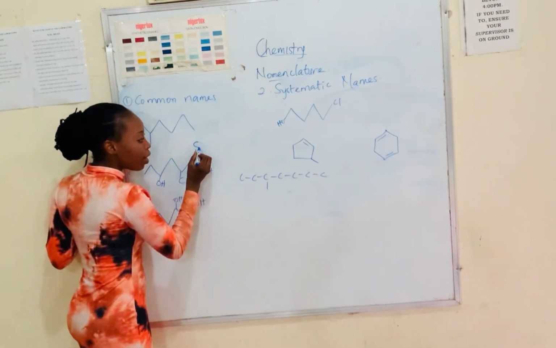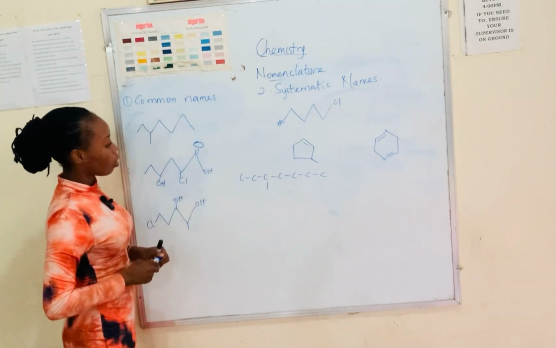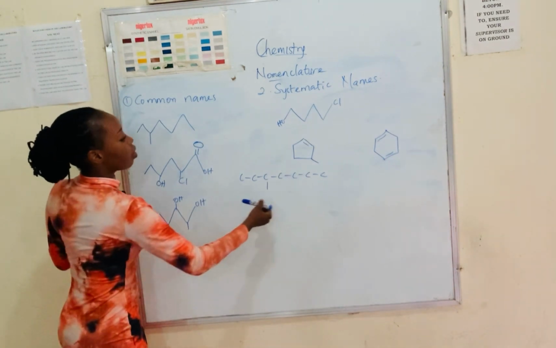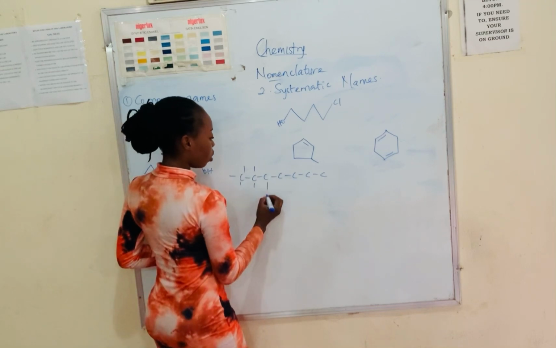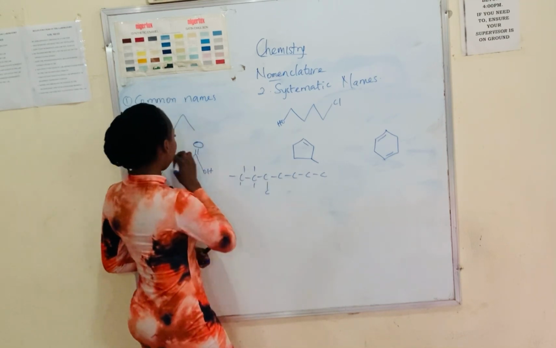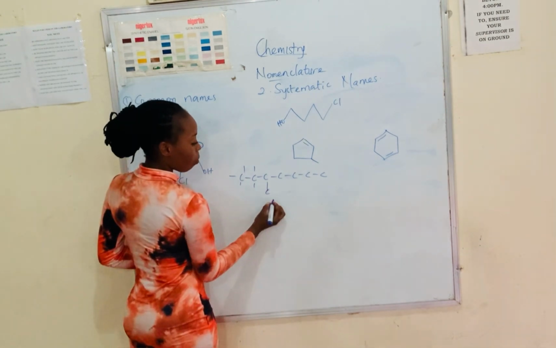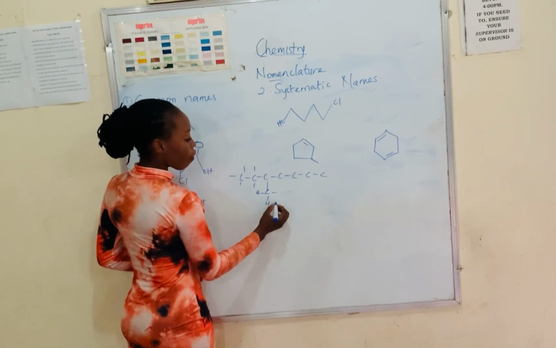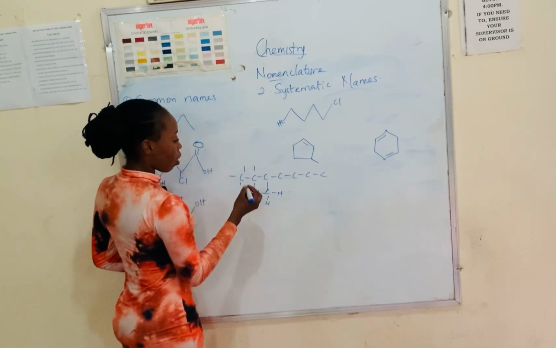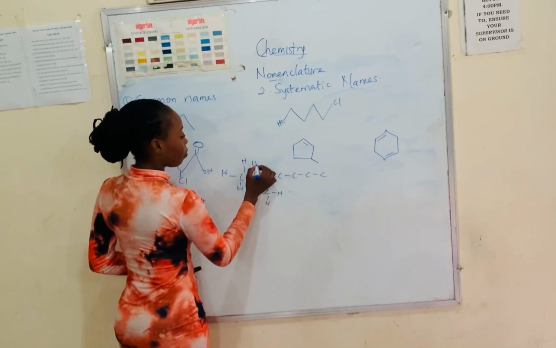But because we've already written the oxygen, that means that oxygen is present. Do you understand? So basically, this is what we have, and it means that all other parts have hydrogen, except here. I was saying that because nothing is written, there is a carbon atom there. So we have a carbon atom, and you know that all carbon atoms have 4 bonds around them. So you fill every other part with hydrogen.